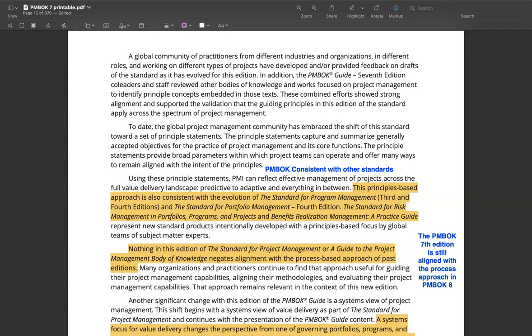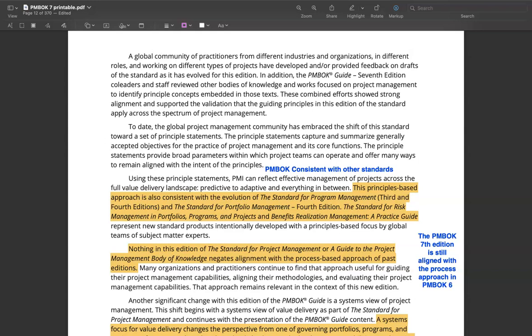PMI says that this principle-based approach captured in the 7th edition is also consistent with the evolution of the standards for program management, the 3rd and 4th edition, the standard for portfolio management, the 4th edition, and the standard for risk management in portfolios, programs, and projects, and even the benefits realization management practice guide that they have.